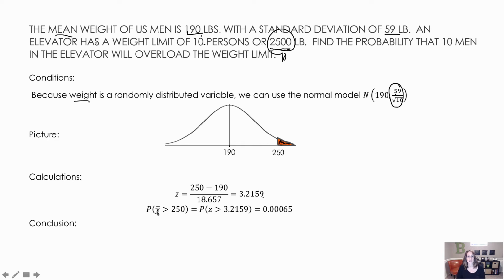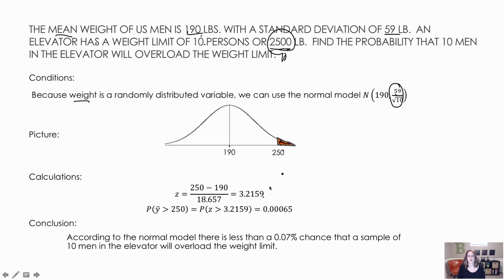So the probability that y bar, or that my mean, is greater than 250 equals the probability that z is greater than 3.2159, which is my probability, which is essentially 0.065%. So when I'm writing my conclusion, according to the normal model, there is less than a 0.07% chance that a sample of 10 men in the elevator will overload the weight limit.